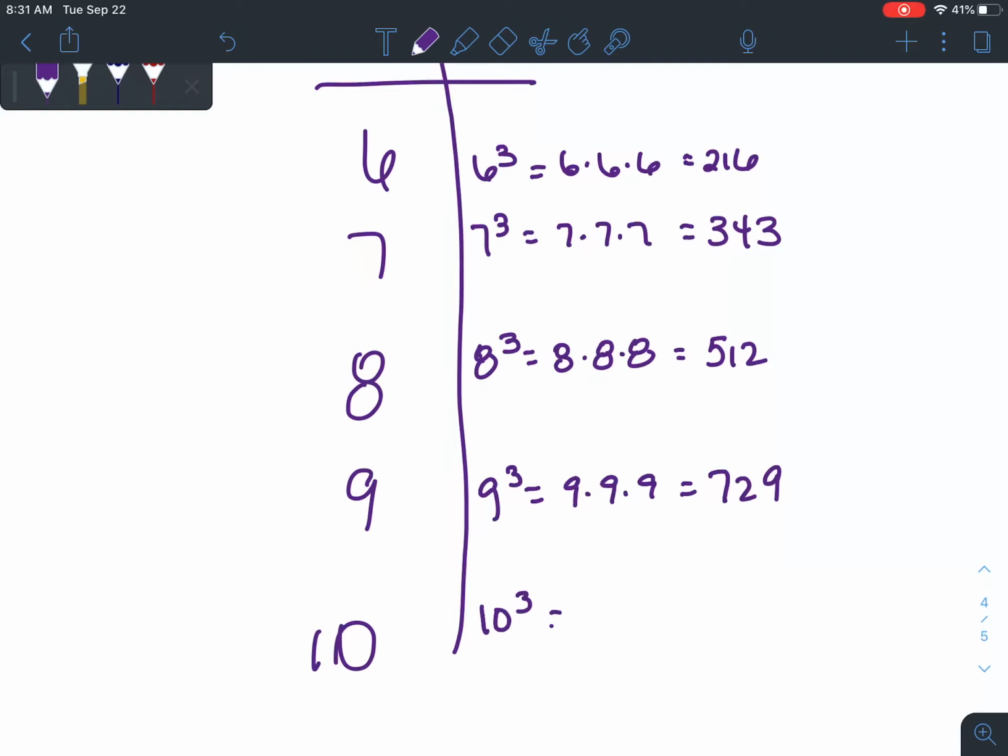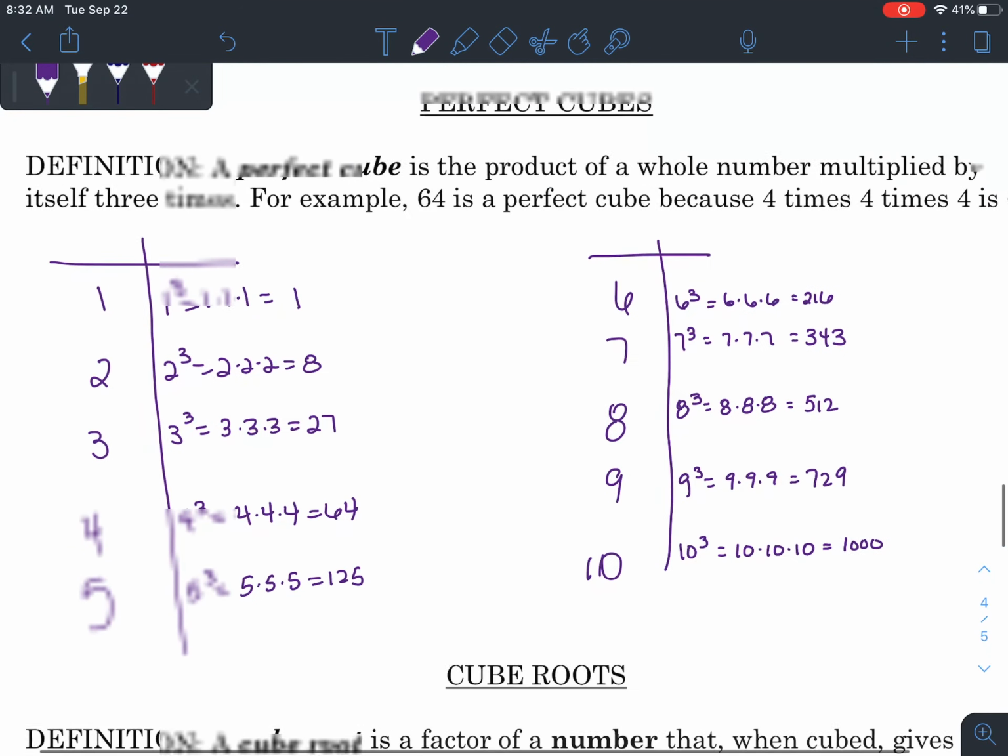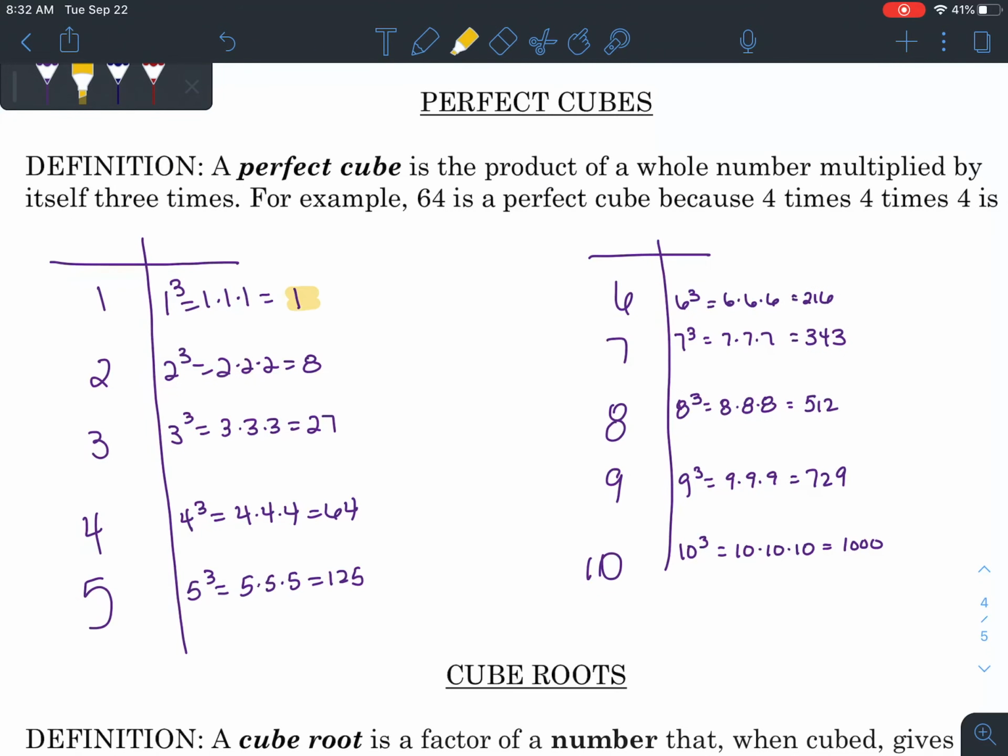And 10 cubed is 1,000. Okay? All of these are considered perfect cubes.